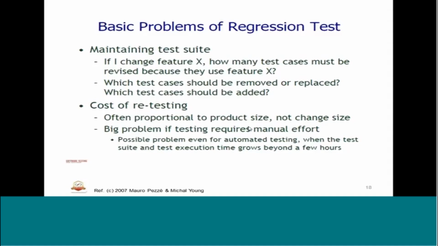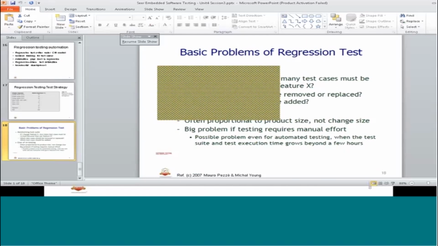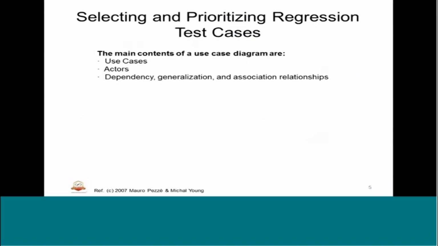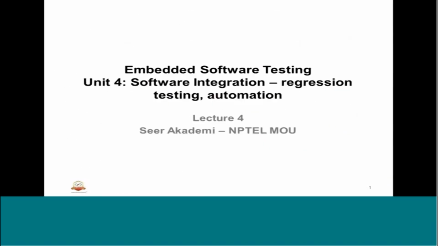Sometimes the changes are very minimal, so the entire bunch we don't need to re-execute. We may have to choose or tailor the existing automation aspects. So that is what we have studied about the regression testing and the areas and the types of them.